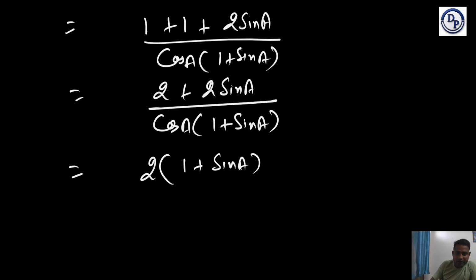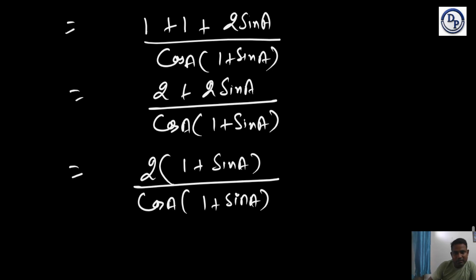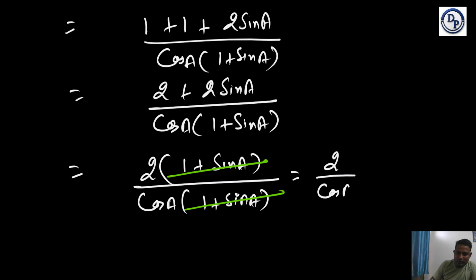Okay, in denominator we are left with cos A times (1 plus sin A). Now we can see that this 1 plus sin A, 1 plus sin A got cancelled. What we are left with now, in numerator we are left with 2, in denominator we have cos A.